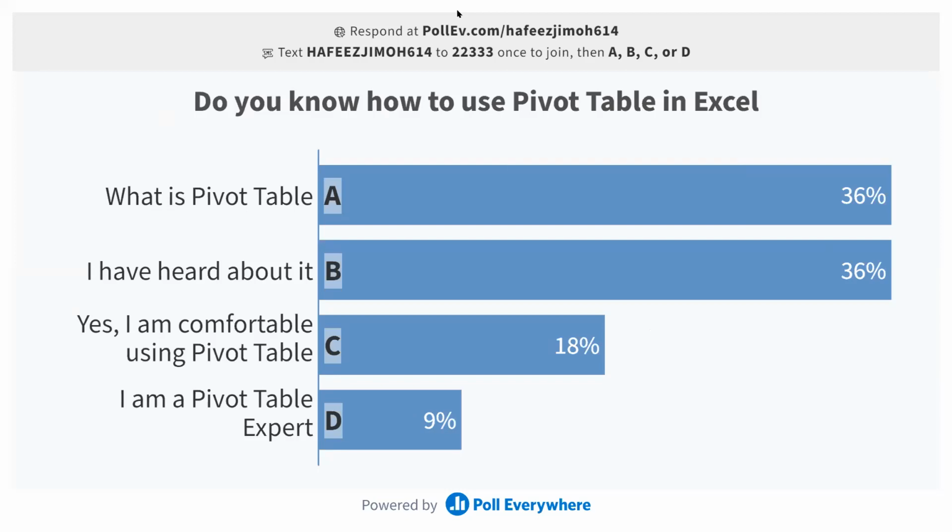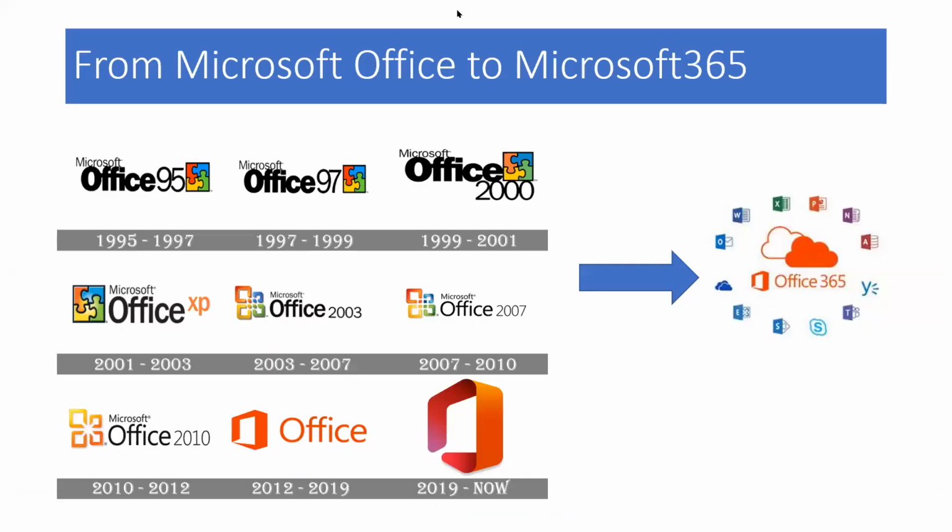Basically, this session is on Excel. Just for a brief introduction, Excel is part of the Office packages. The Office package you have on your computer is either some version of Microsoft Office, or Microsoft 365.